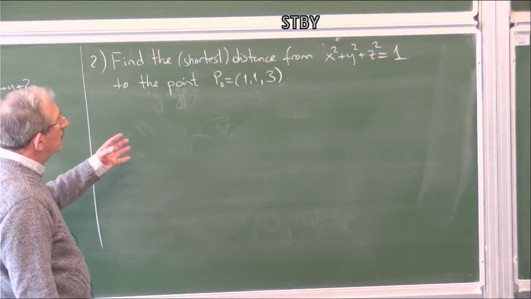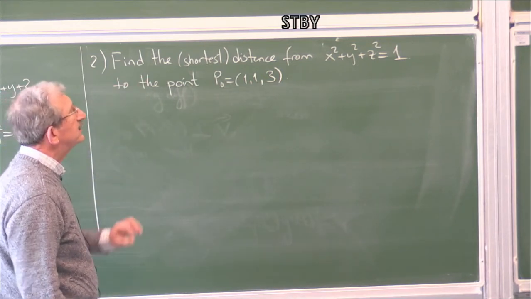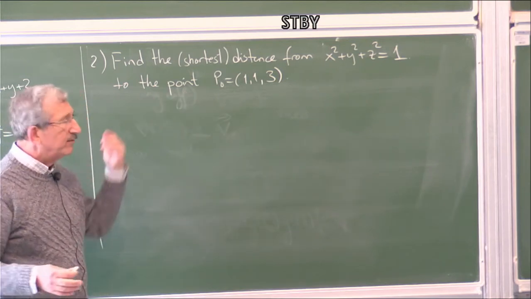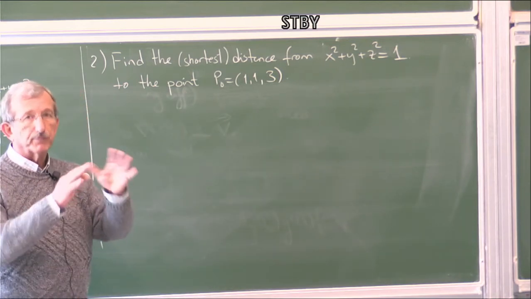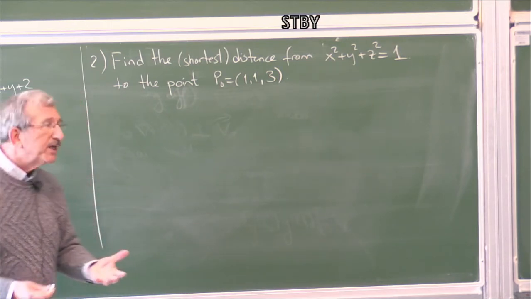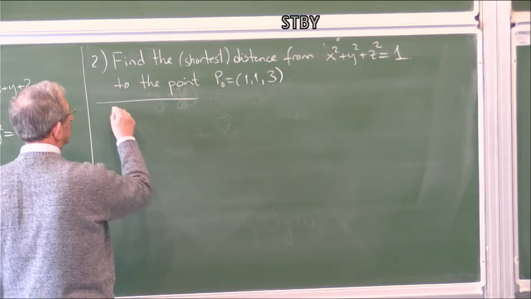Well, we considered such shortest distances between planes and points, okay? But here we don't have a plane. We have a surface, okay? So the derivative must be used. But what is the question actually? Okay, the question is the following.